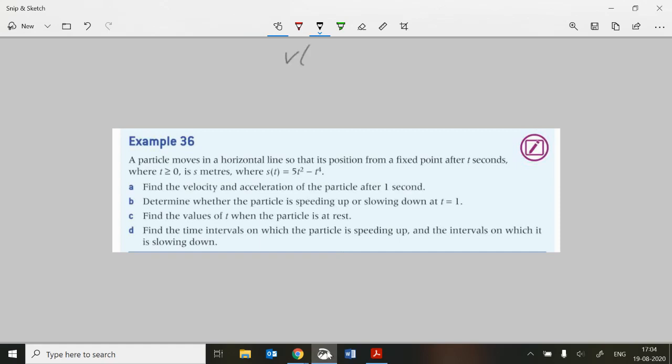So again, let's go back to, sorry, I lost this one. We've got 10t minus 4t cubed for v, and we've also got a of t equal to 10 take away 12t squared.